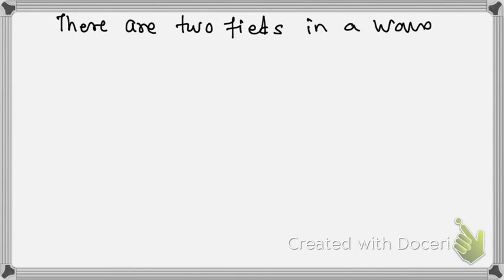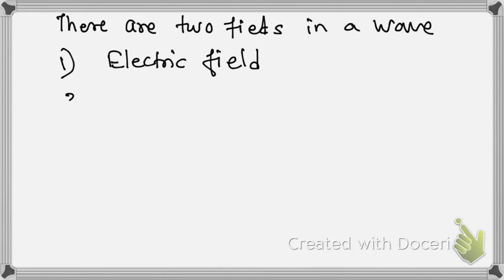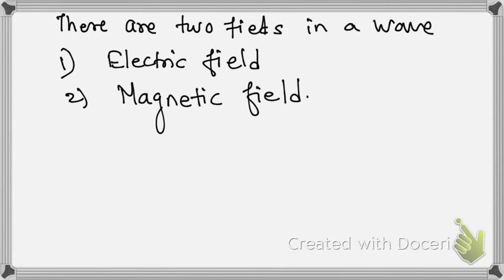Now, there are two fields in a wave. One is electric field and the other one is magnetic field. So, we will consider which is the Maxwell's equation where electric field is used.